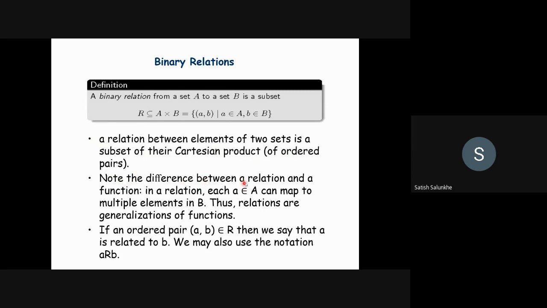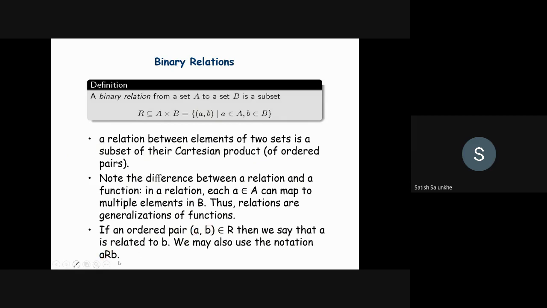Note the difference between a relation and a function. This we will discuss later on. This function you cannot understand right now. If an ordered pair (A, B) belongs to R, we say that A is related to B. Whatever that element (A, B) is, if it belongs to set R, that indicates element A is related to element B.